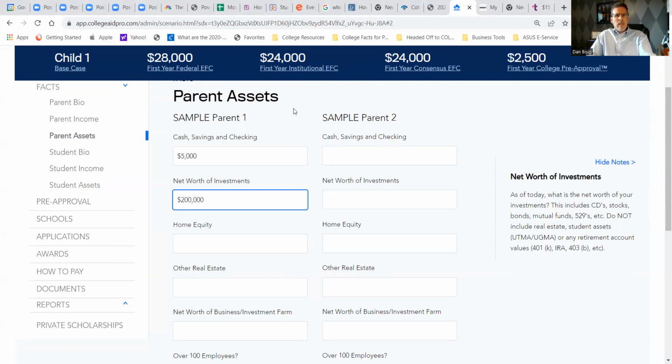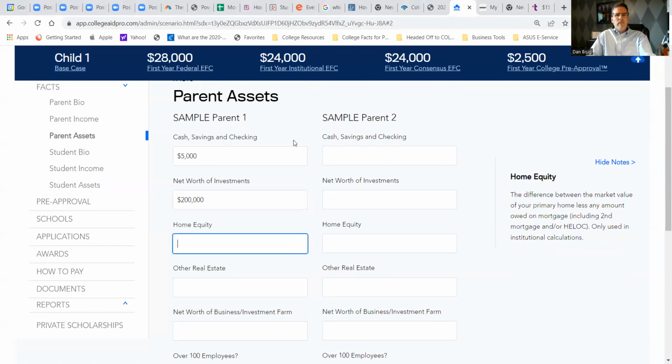Now watch what happens up top here again. It's really important because the way that this works from the federal methodology, it's going to increase by 5.64% above a small asset protection allowance that you get. And for the institutional, the consensus, it's going to go up by 6%. So those assets do make a difference.